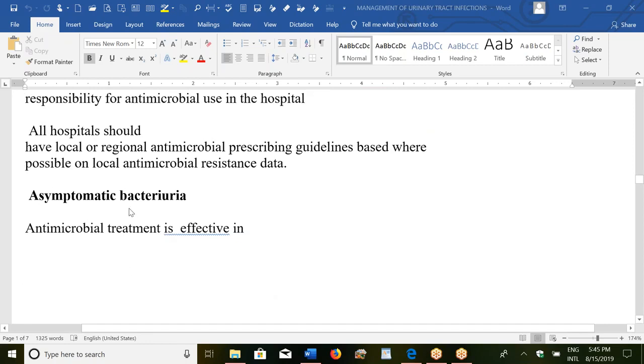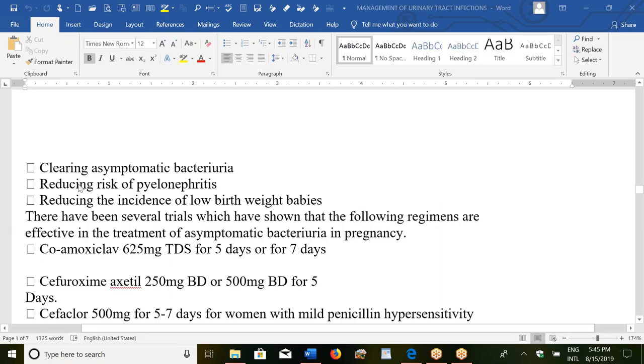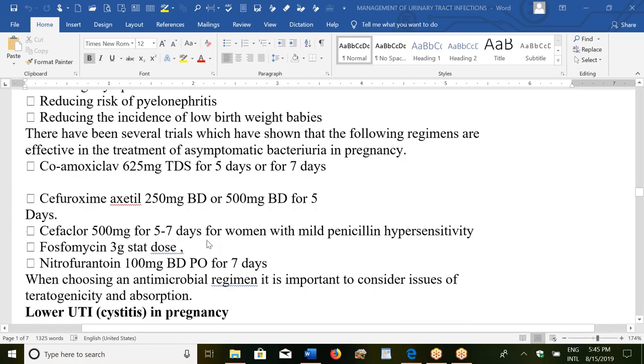When your patient has asymptomatic bacteriuria, antimicrobial treatment is effective in clearing asymptomatic bacteriuria, reducing the risk of pyelonephritis, and reducing the incidence of low birth weight babies. Several trials have shown that the following regimes are effective in treatment of asymptomatic bacteriuria in pregnancy.